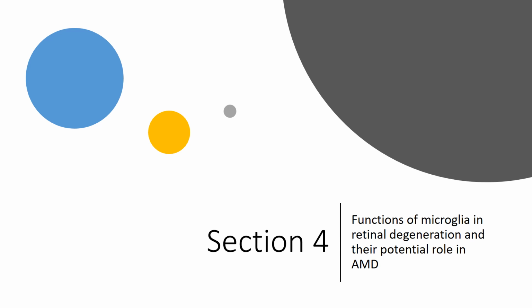So with that information in hand, the question going forward becomes, what is the particular or specific function of these microglia invading the outer retinal layers, including the subretinal space, which is the topic of the next section. And knowing this, what are their potential implications in age-related macular degeneration?